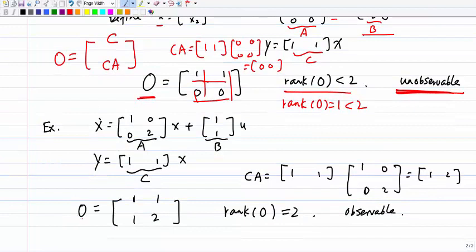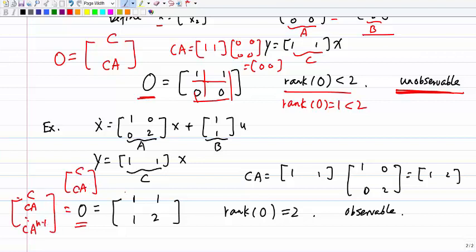We still use the same approach to compute the observability matrix, which is given by C, CA, until CA^(n-1). Here n is 2 because x has 2 states, so I only have 2 terms, or 2 rows.